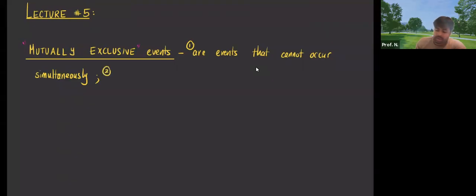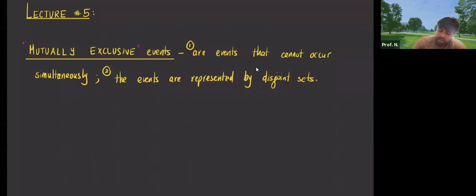The second way to think about it is that these events are represented by disjoint sets. Now, what does that mean, disjoint? What are two sets that are disjoint? Well, it means that there is no intersection between them, right?